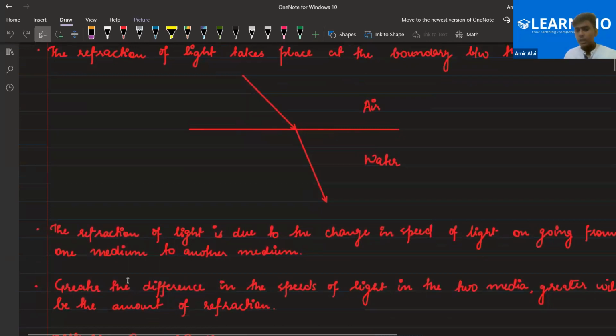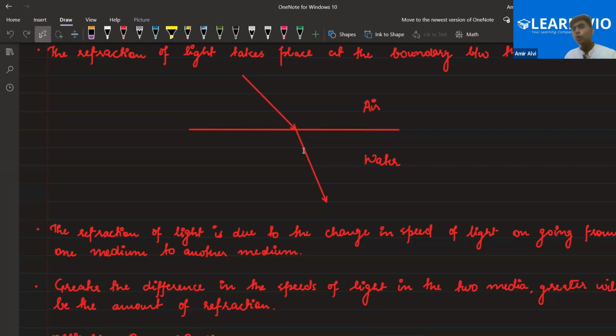Now see this thing. The greater the change in speed of light, the greater the refraction. Suppose that light was traveling at 3 lakh kilometers per second. But there is a sudden change in the speed of light. Suppose the light speed drops to only 50,000 kilometers per second. So there is a drastic change in the speed of light, from 3 lakh kilometers directly to 50,000 kilometers per second. So there is a very big change now.